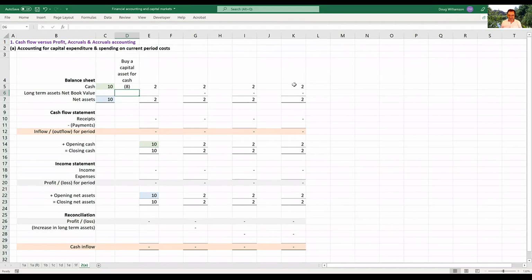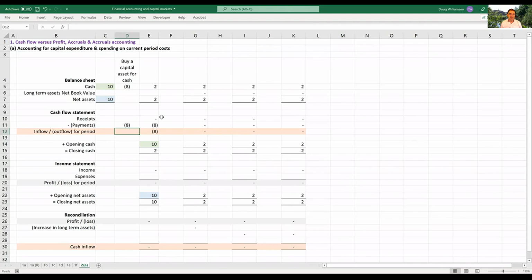That's a payment of 8 in the current period. Let's copy these formulas down. So our payment 8. So our cash has gone down to 2.